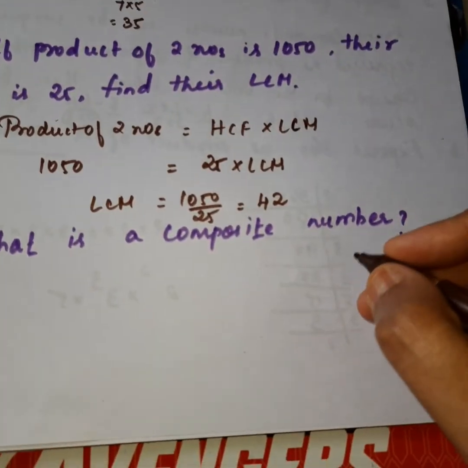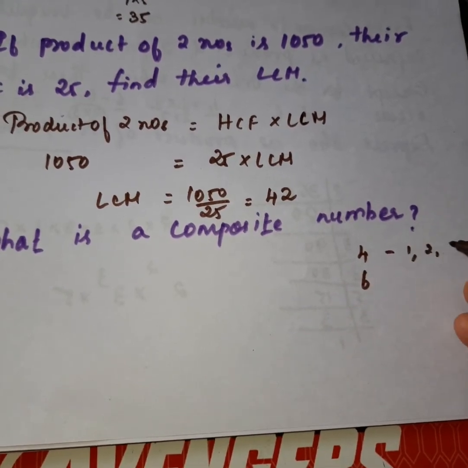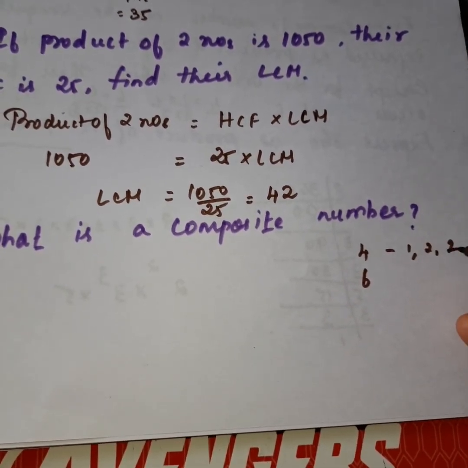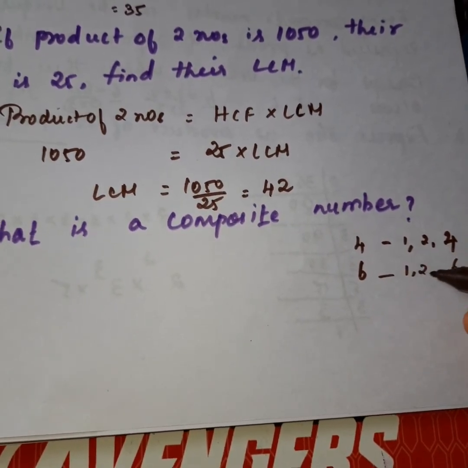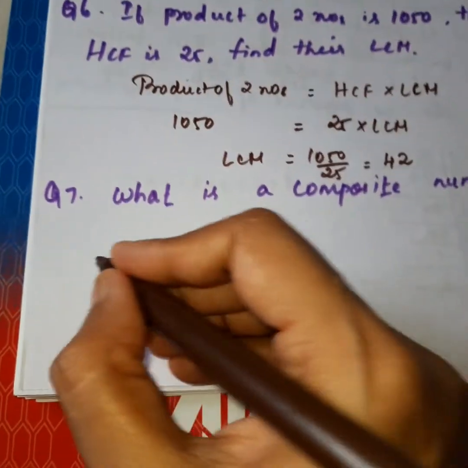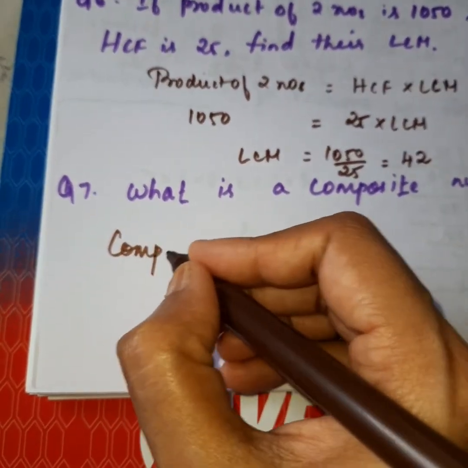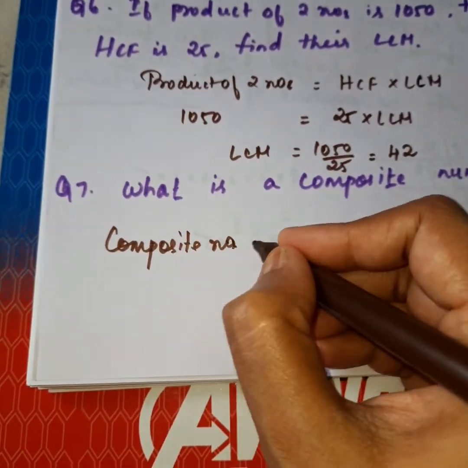What is a composite number? We have already seen, it has more than two factors. 1, 2, and 4 in case of the number 4. 1, 2, 3, 6 in case of the number 6. So the numbers which are not prime, or the numbers with more than two factors, can be called composite numbers.